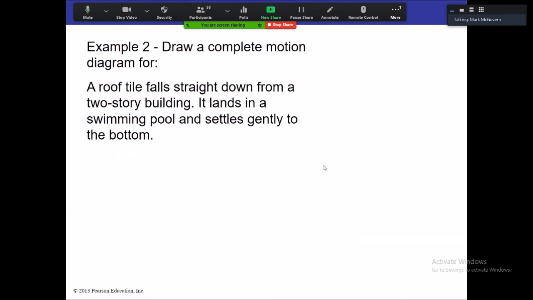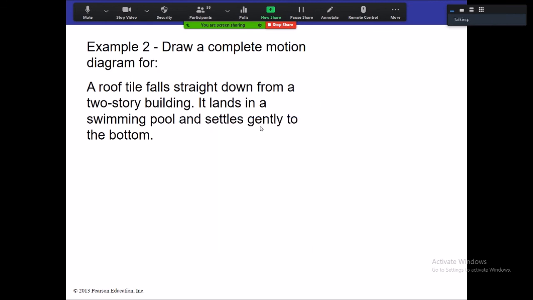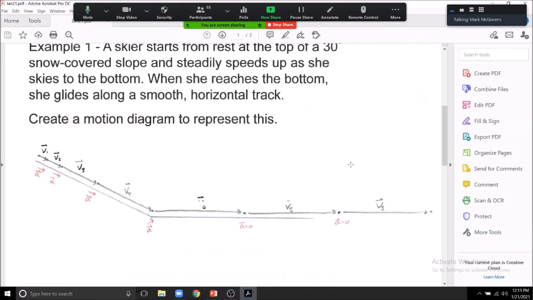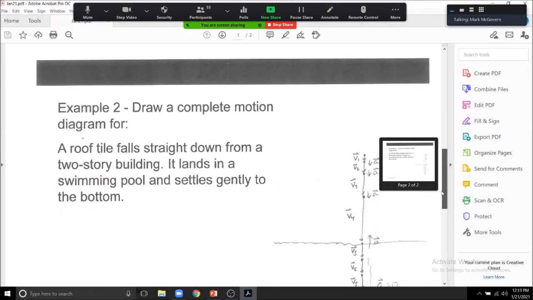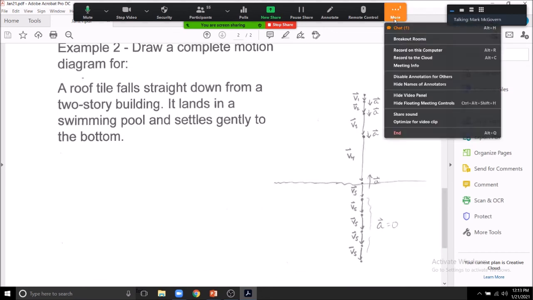So one last example. Okay. Let's look at the last example here. Draw a complete motion diagram for the following situation.